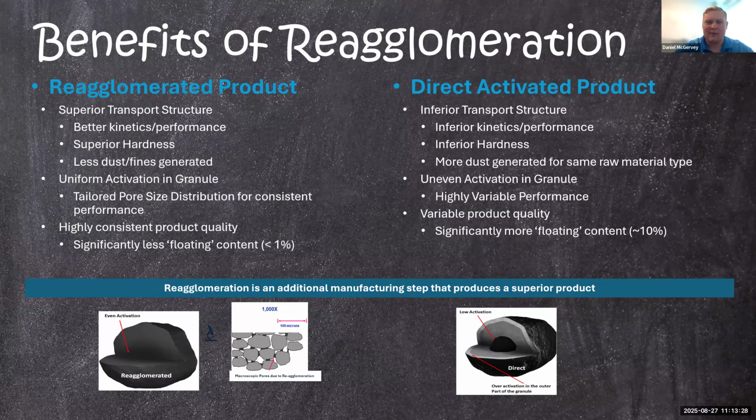Sometimes you might end up with a lot worse performance than you saw before, because it's just that one coal type that's not being combined with others and put back together in a more consistent manner. And then, as I mentioned, that highly consistent product quality is really the most important, or one of the main benefits of using a reagglomerated bituminous coal: just having that guaranteed consistent product quality, because we're taking those different sources and attaching them together and using them together.